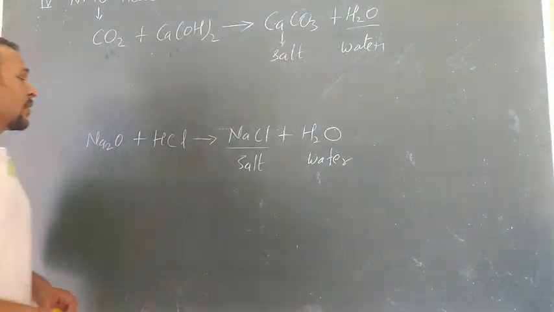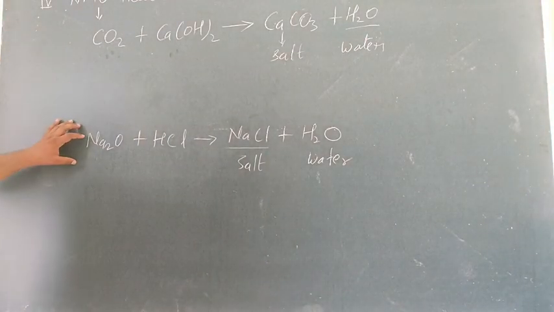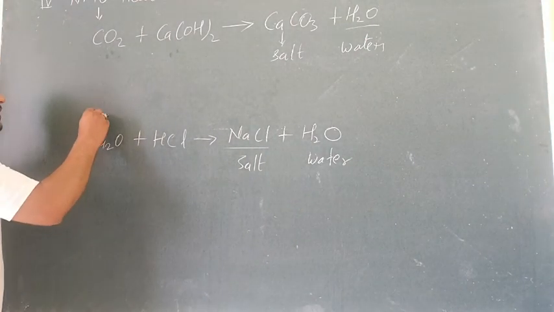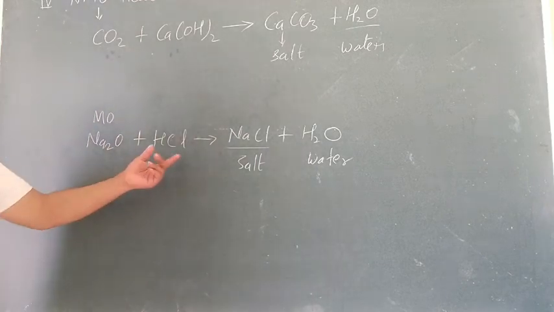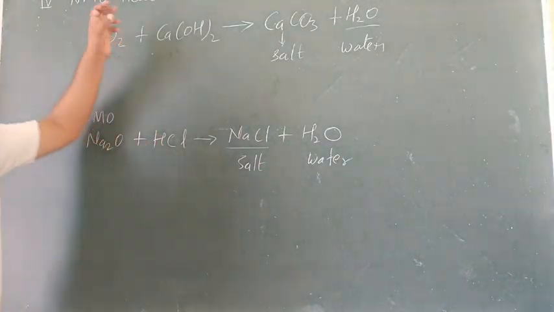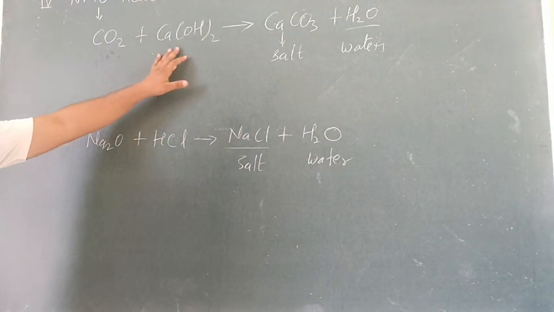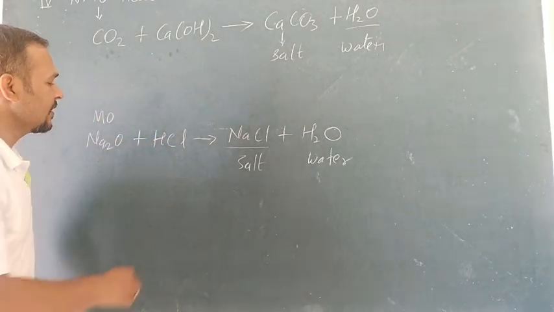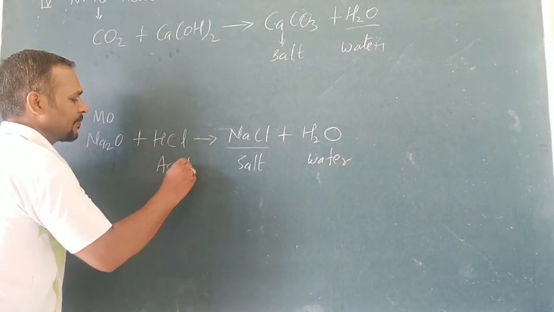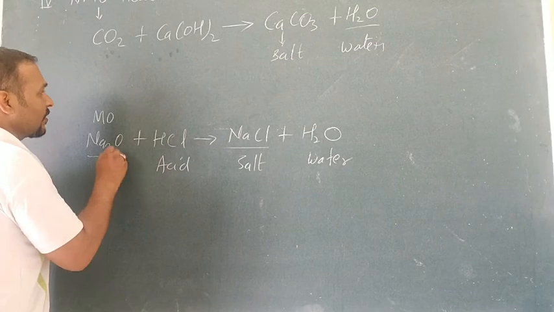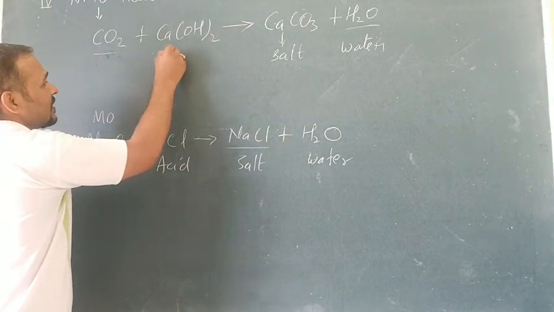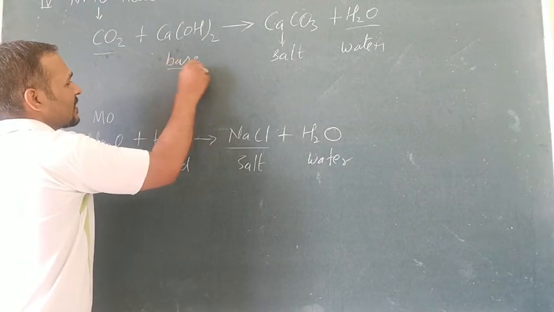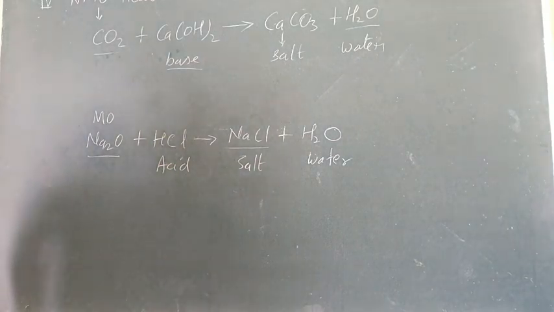That means when metallic oxide reacts with acid it gives salt and water, and when non-metallic oxide reacts with base it gives salt and water. This is acid, this is metallic oxide, this is non-metallic oxide, this is base. So here something is similar with acid and base.